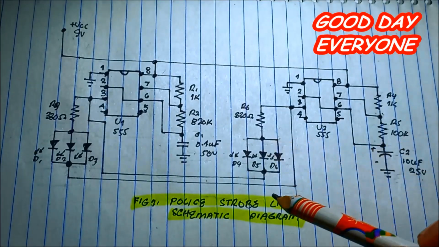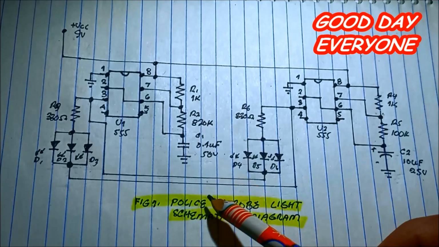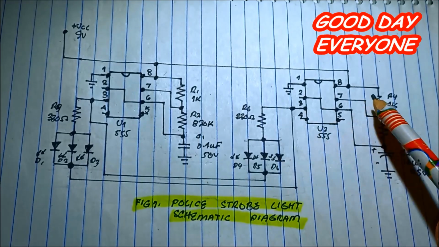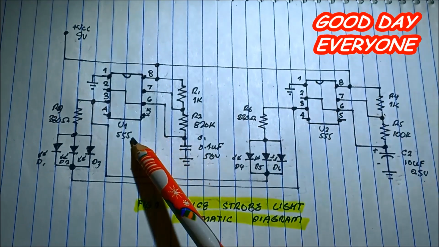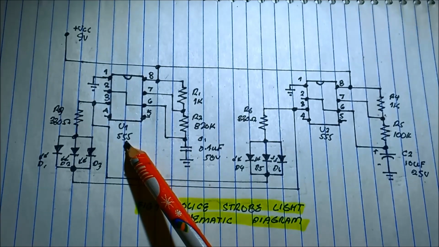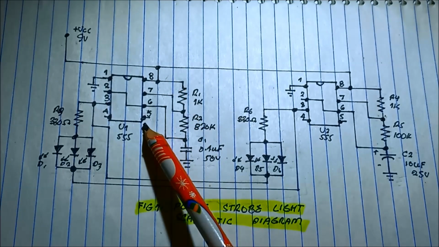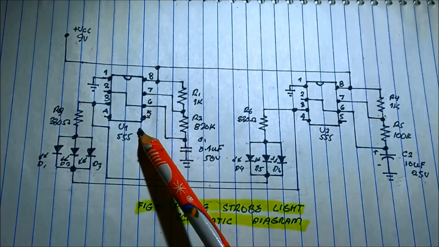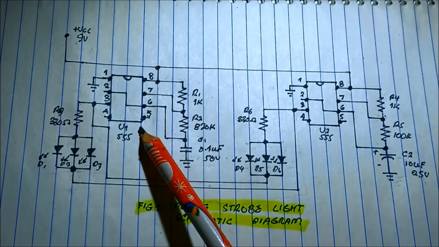We have the schematic diagram of the police strobe light using two 555 IC. What is the configuration of the IC 555? It is in astable mode, an oscillator.